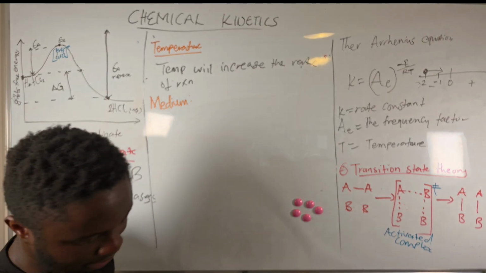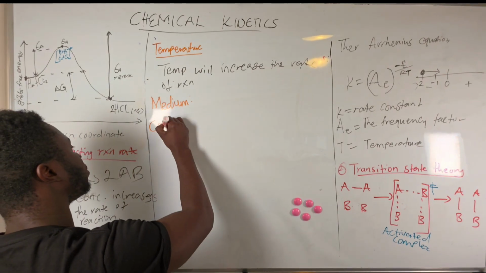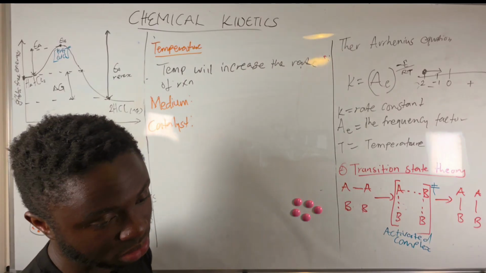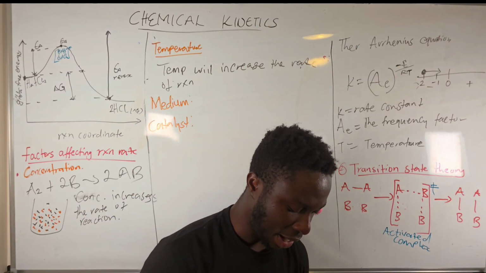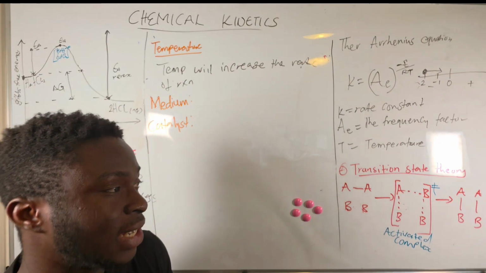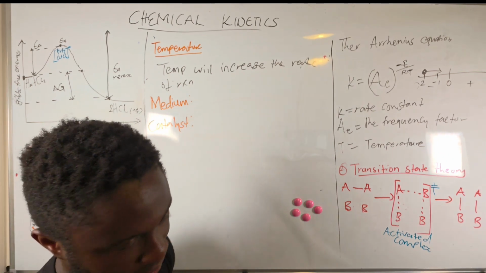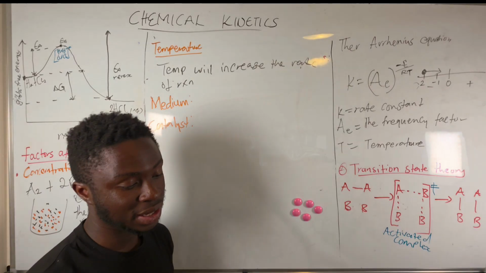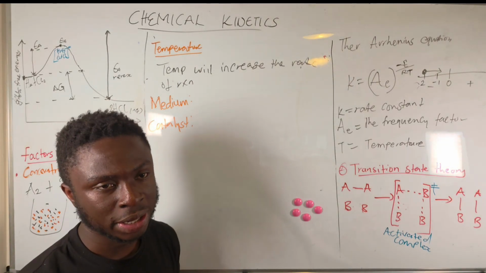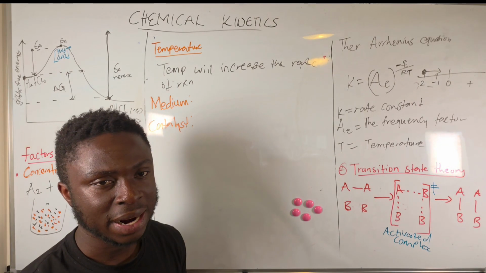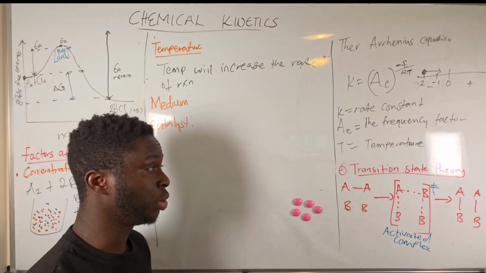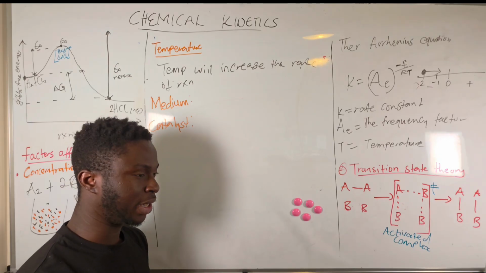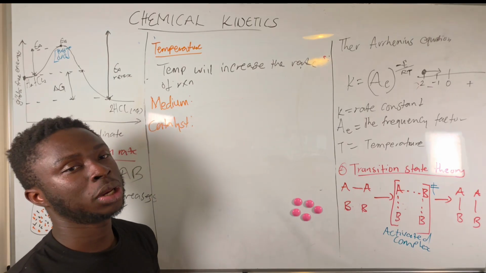And also a catalyst. Catalysts are basically, sometimes they are enzymes or sometimes they are other substances that are added to a reaction to increase the rate of the reaction. Now, what do catalysts usually do? Sometimes they increase the overall surface area for the reaction to occur. Sometimes they come with energy that they would literally bond to the reactants and give them this energy to move faster, to collide with each other.